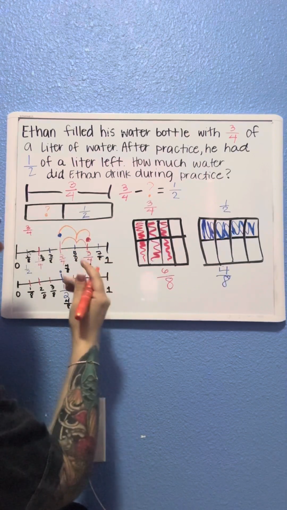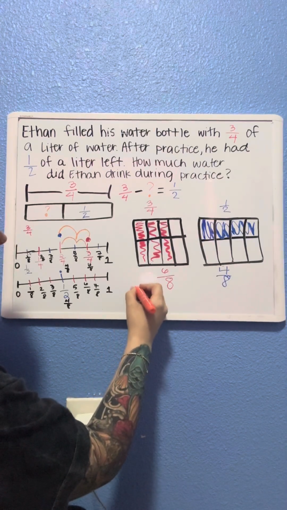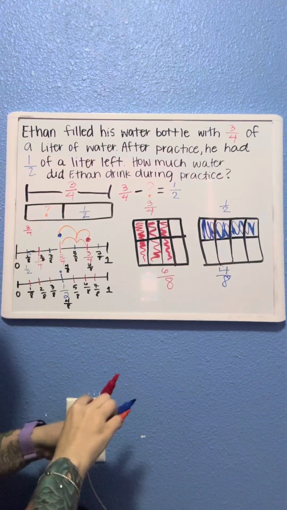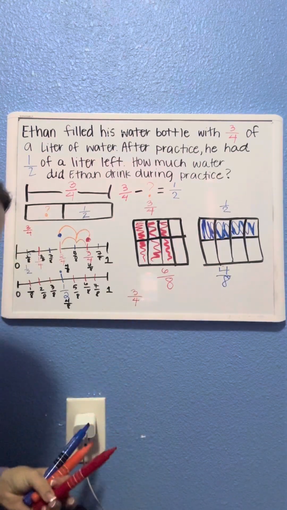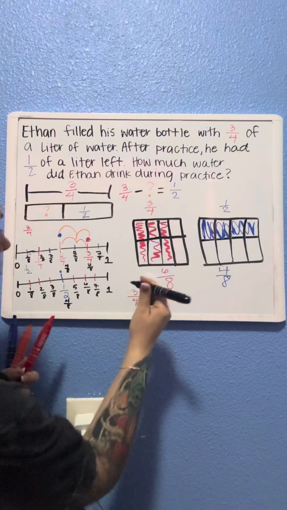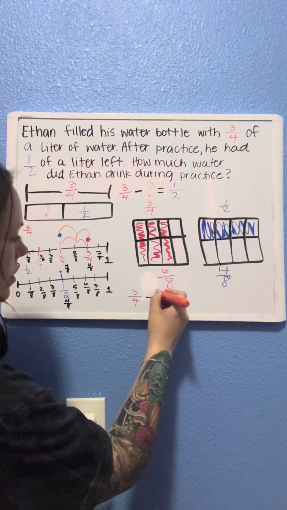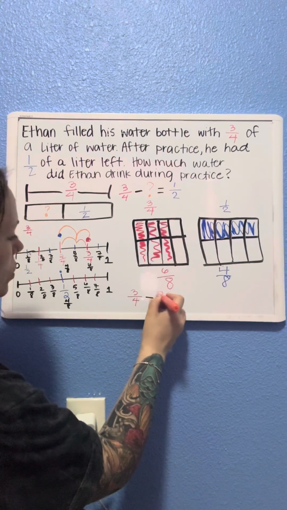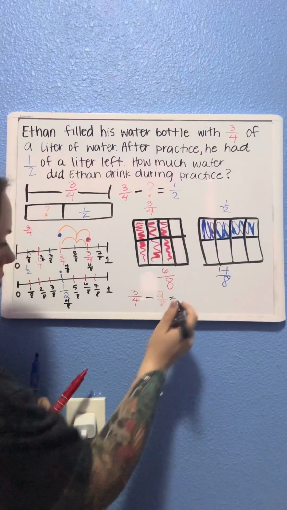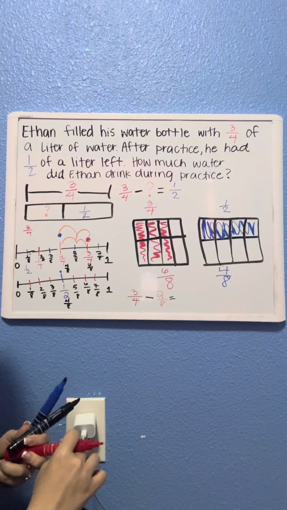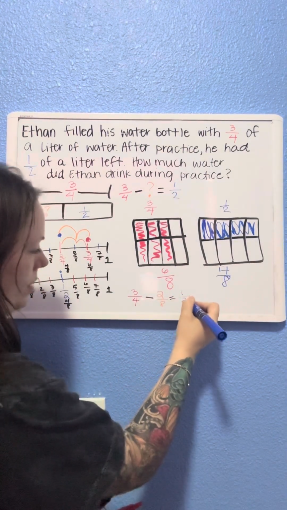So based on this information and what we have here, we know that 3/4 minus 2/8 equals 1/2.